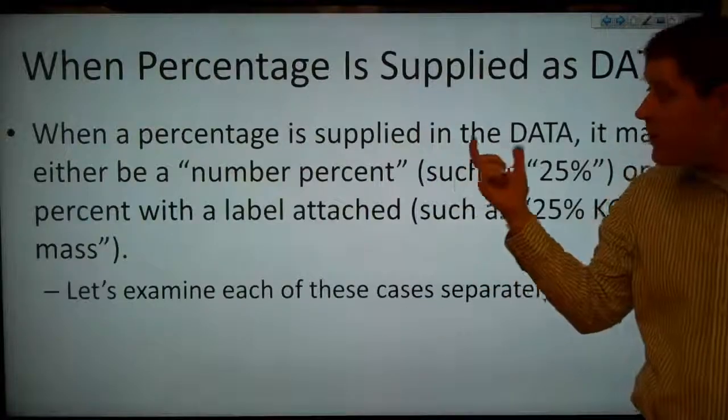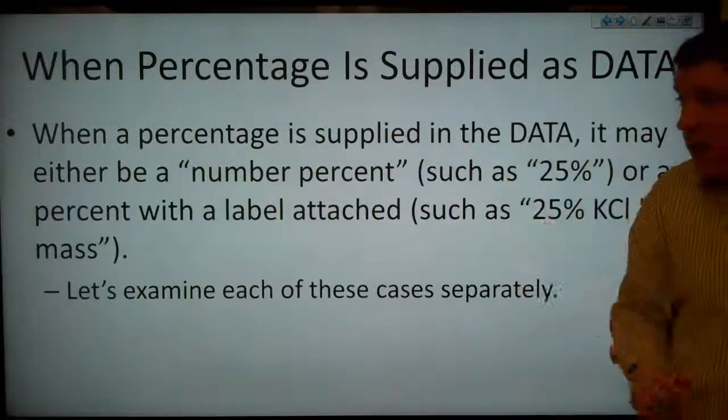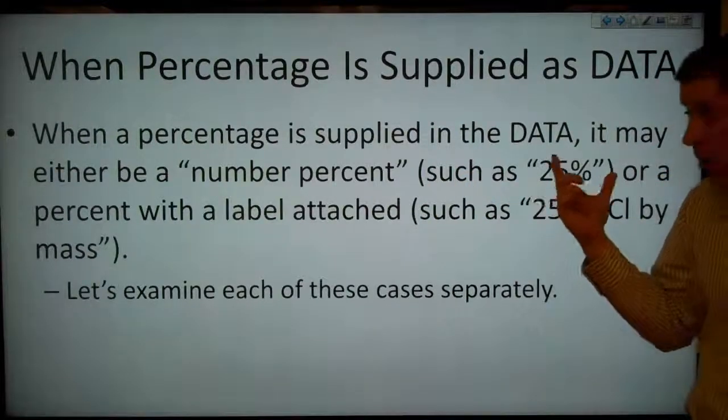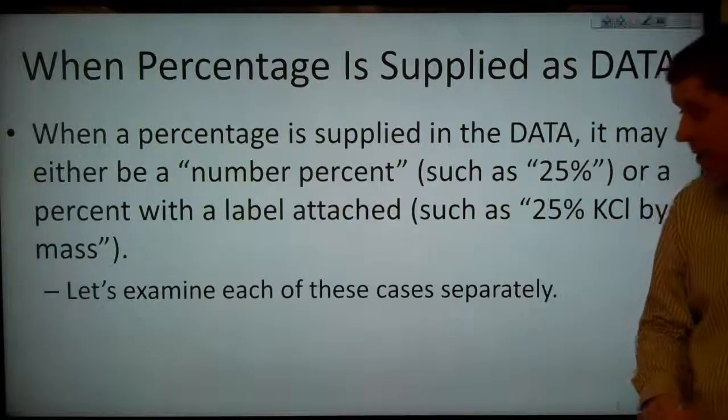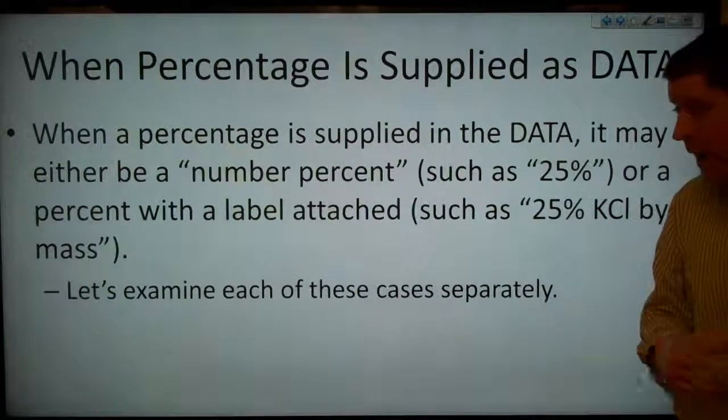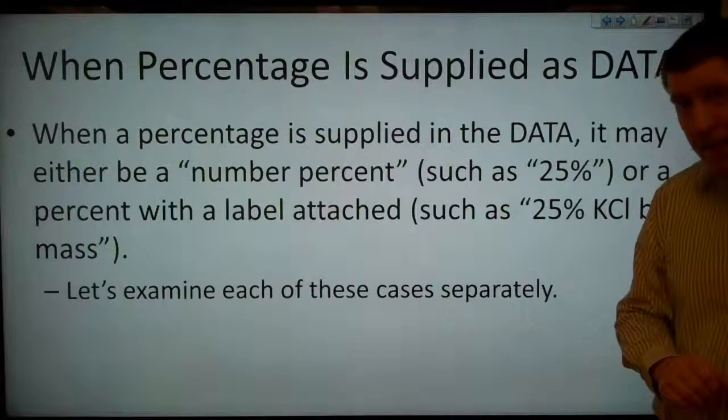So when a percentage is supplied in the data, then it may either be a number percent, like 25%, or it may be a percent with a label attached to it, such as 25% potassium chloride by mass. And let's examine each of these cases separately.